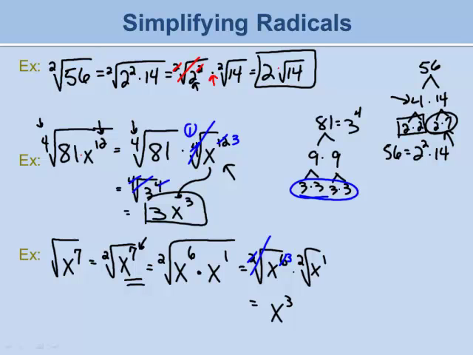For the square root of x to the first, because our power is less than our index, that is simplest radical form. In other words, there are no perfect squares in x to the first, so we'll just leave that as the square root of x to the first. And that is our simplified answer, x cubed times the square root of x.